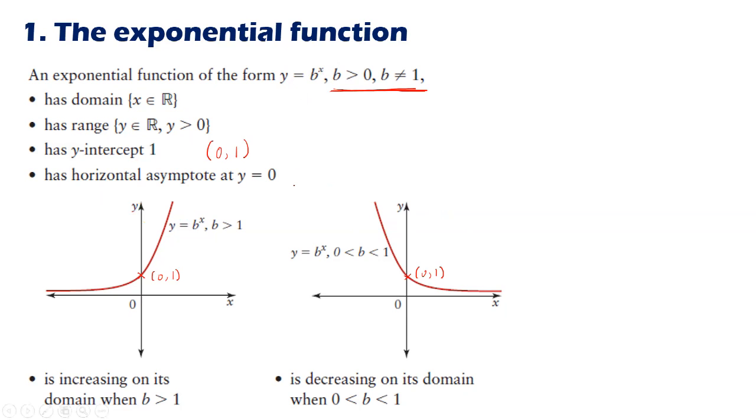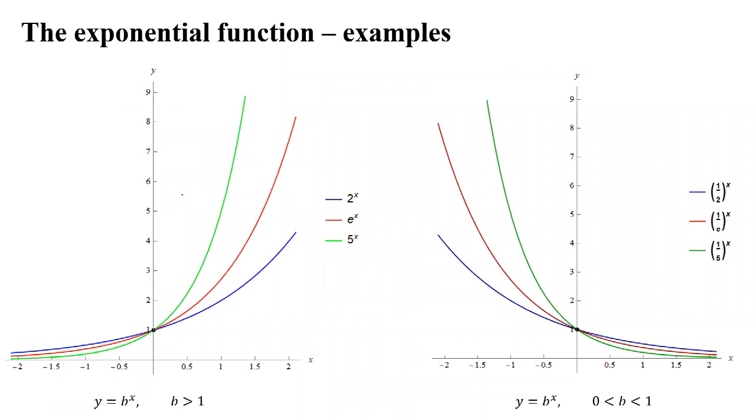Right? So here are some examples of exponential functions. First of all, if b is greater than 1, for example b is 2, e and 5, these functions are increasing in their domain.